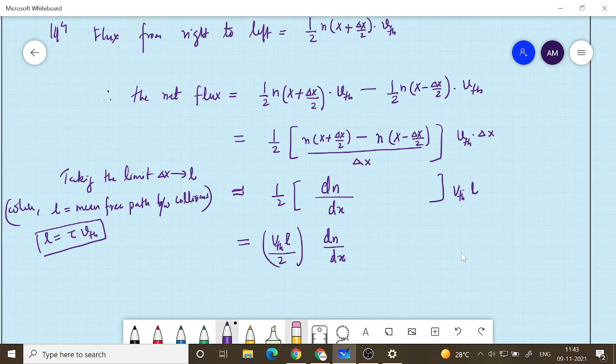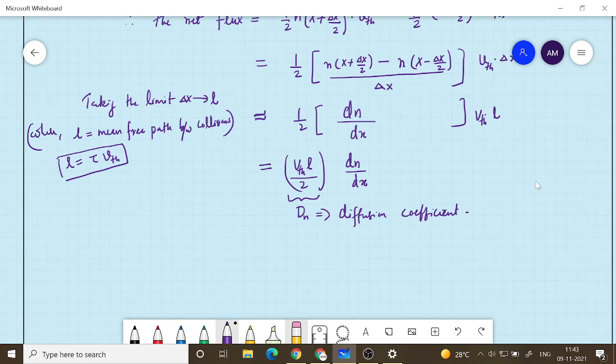Yeah. So these constants I will now give a name. This is called the diffusion coefficient. So therefore what we said is the net flux is equal to diffusion coefficient into dn by dx.